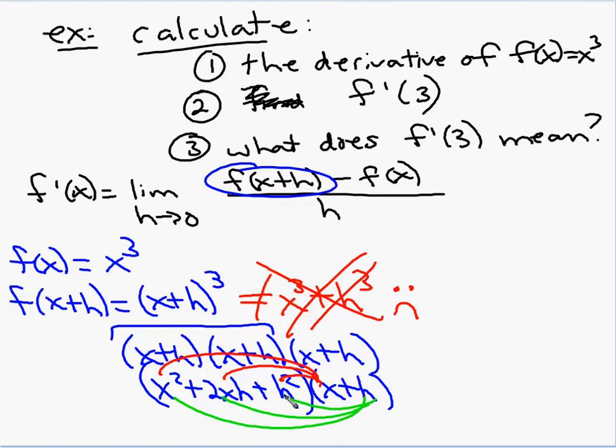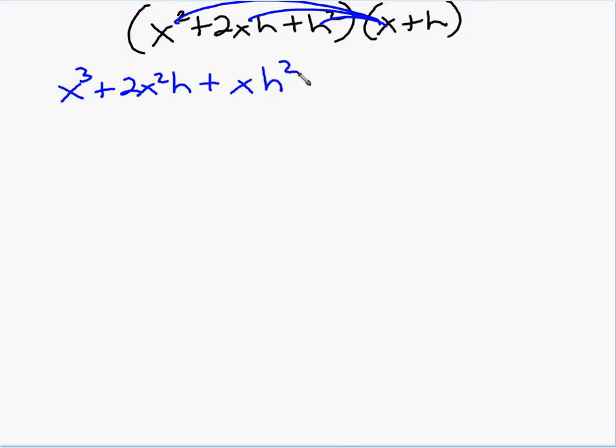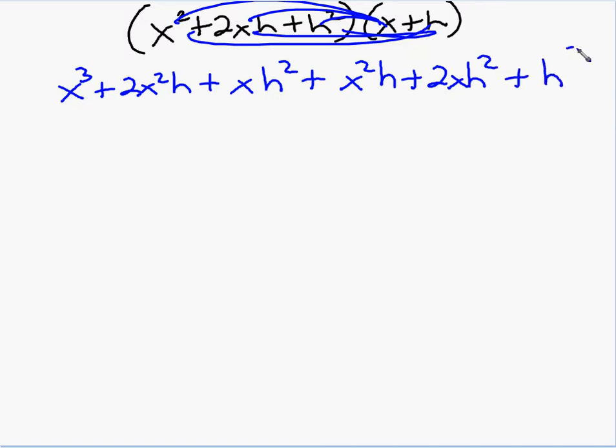I have x squared plus 2xh plus h squared, and I'm distributing x plus h. When I distribute the x, I have x cubed plus 2x squared h plus xh squared. When I distribute the h, I have x squared h plus 2xh squared plus h cubed.